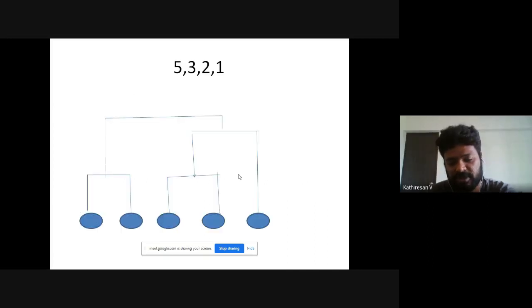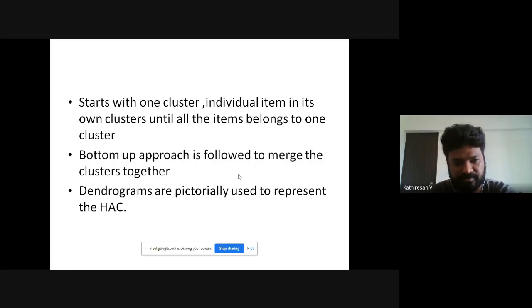Initially each and every object is considered as one cluster. Finally everything is grouped together and we form one cluster. This is the way hierarchical agglomerative clustering works.